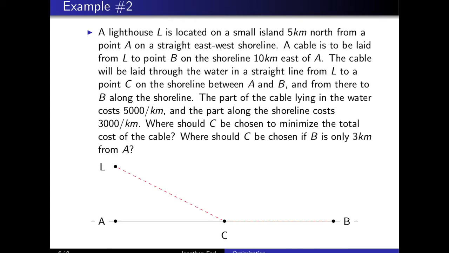We're told that the cost of putting the cable through the water is $5,000 per kilometer, and putting the cable along the shoreline is $3,000 per kilometer.